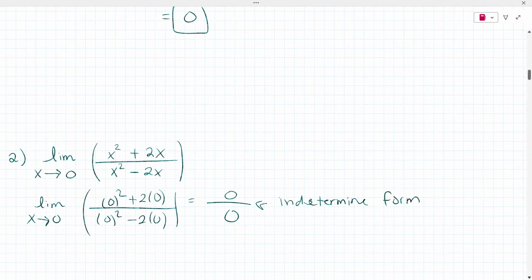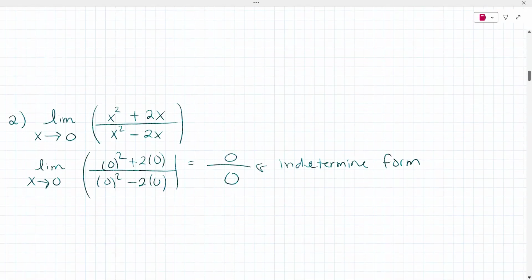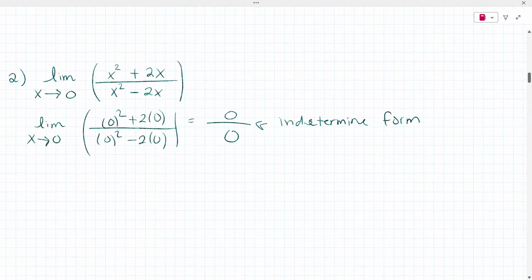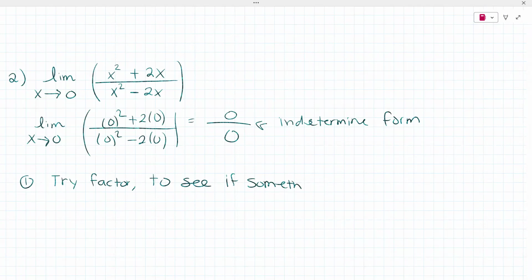So you have options. What would I do? It is a rational function, so maybe we could factor. The first thing I would do is try to factor.